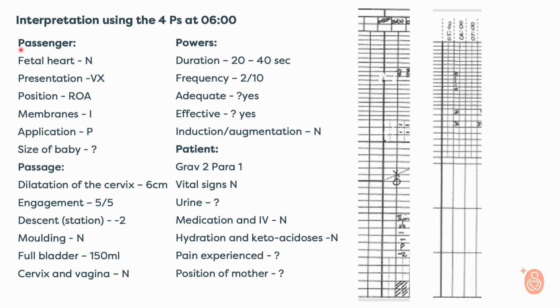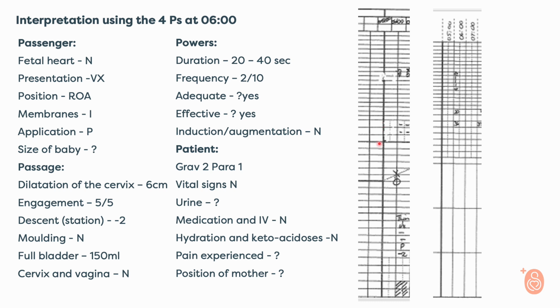Now if we look according to our 4 Ps, at the passenger, the fetal heart still seems to be normal. It has been taken before and after contraction. The presentation is still a vertex, the position is still a ROA, the membranes are still intact.